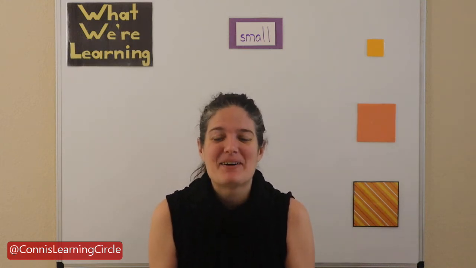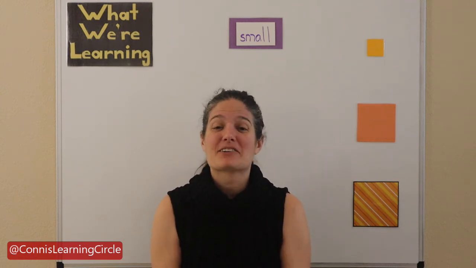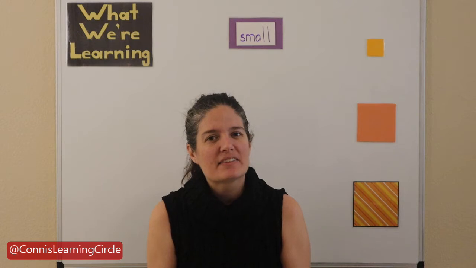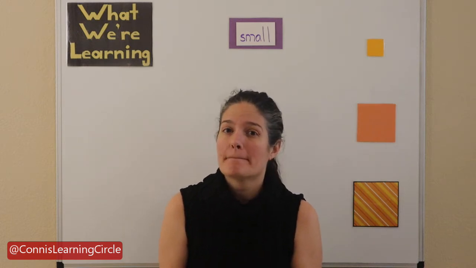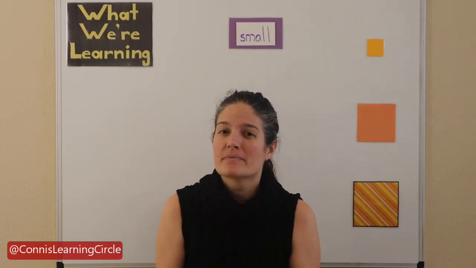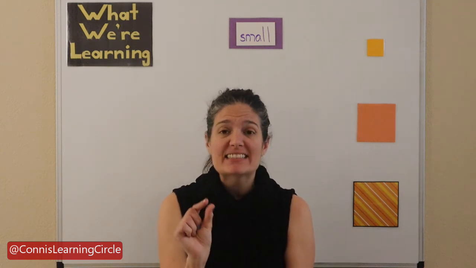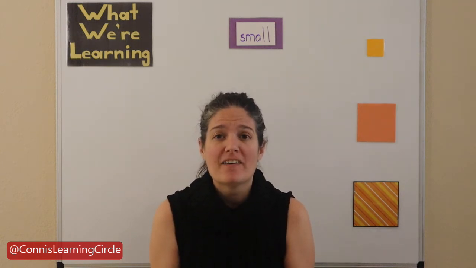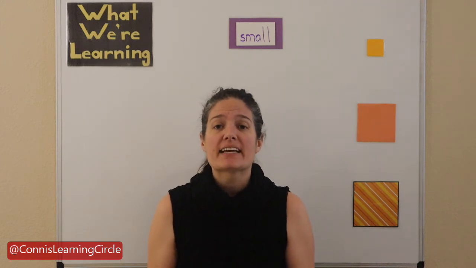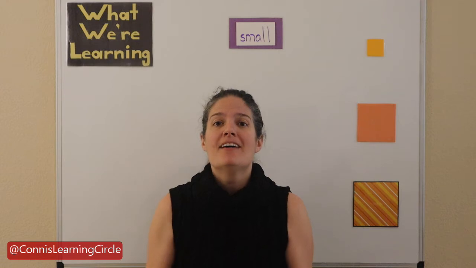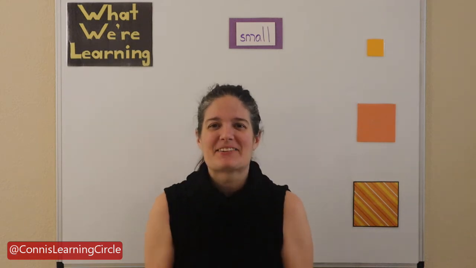A cricket is small and it takes up very little space. A cricket or a grasshopper. What else can you think of that's small? Oh, sand. Little grains of sand, they're super duper small. Very good. All of those things are small because they take up very little space, right?